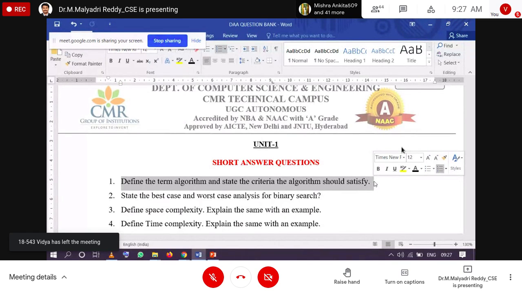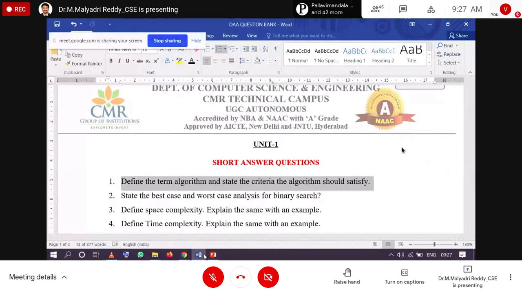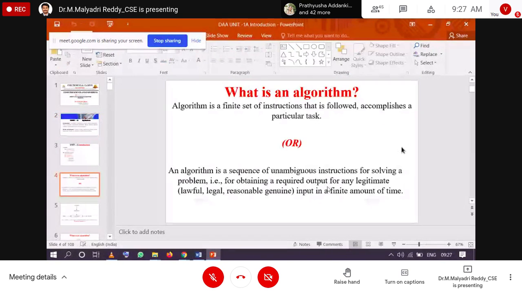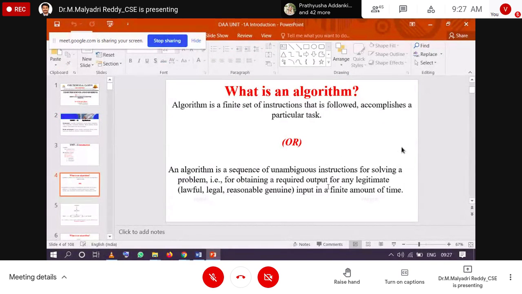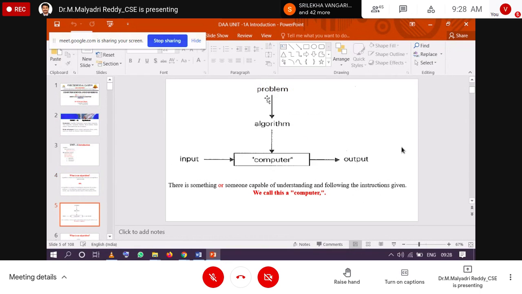It is a finite set of instructions that is followed to accomplish a particular task. In your own words also you can define the algorithm. No need to write as it is in the textbook. Any definition that you write will represent the algorithm only.